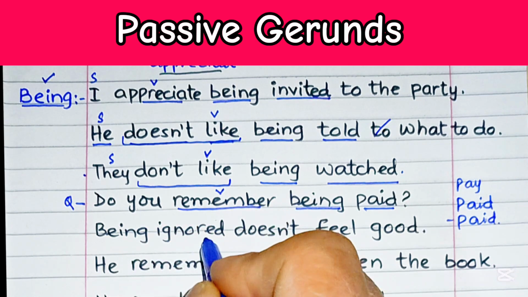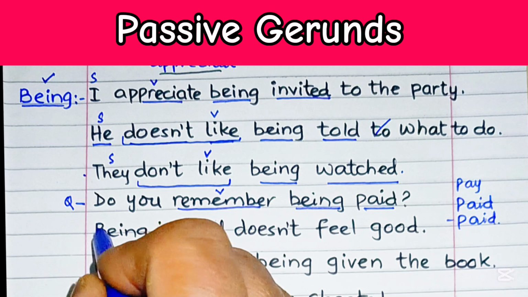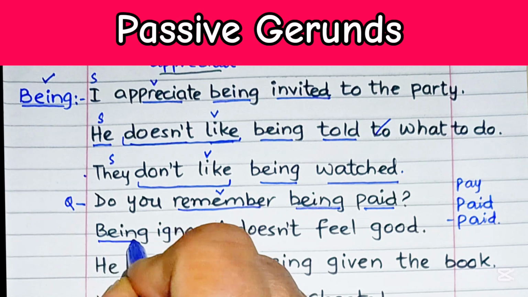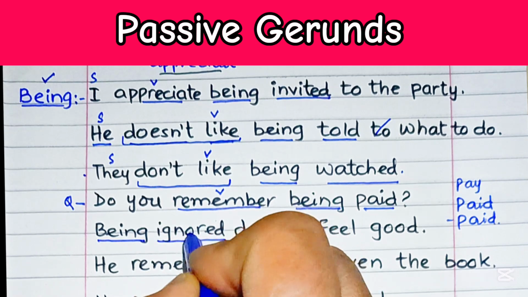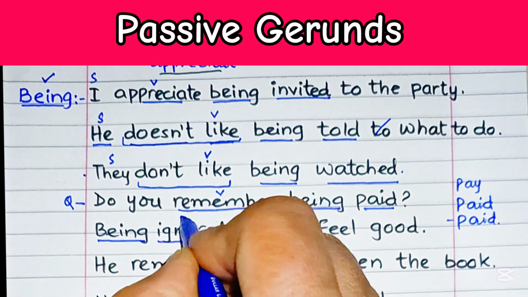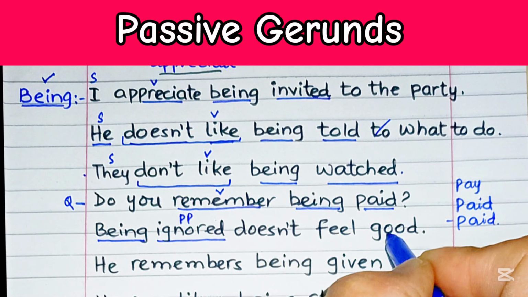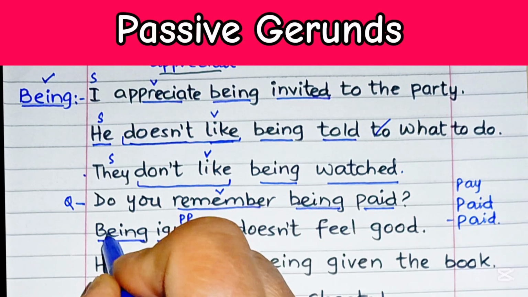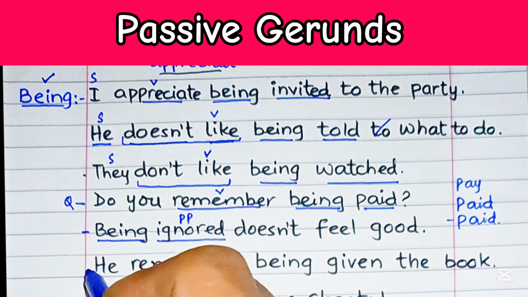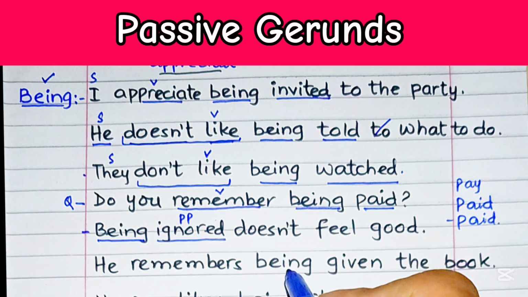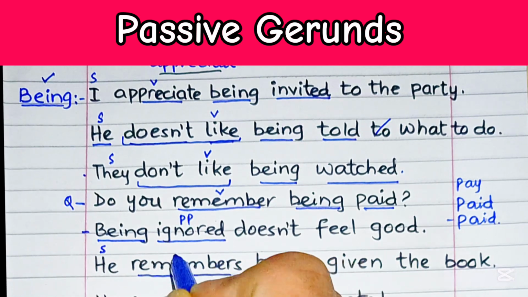Then, being ignored doesn't feel good. So the passive gerund is being used right at the outset of the sentence. Being, and then the past participle ignored, doesn't feel good. So we may use passive gerunds right in the beginning of the sentence. He remembers being given the book. So over here this is the subject and then this is the verb.